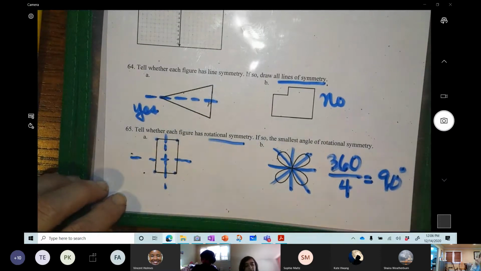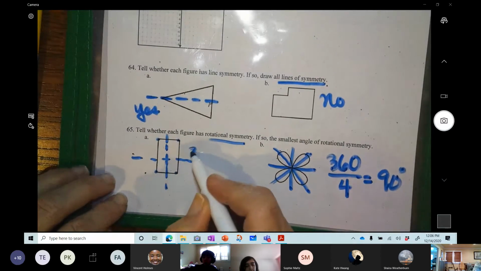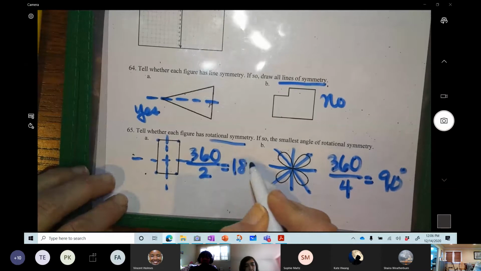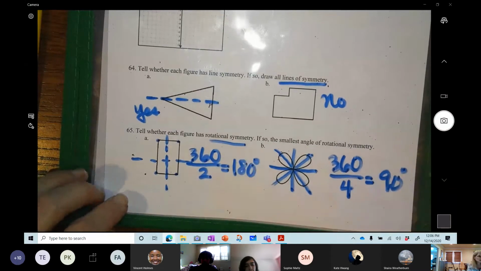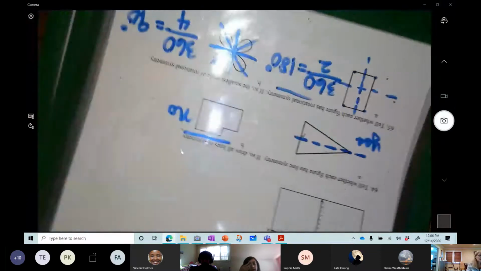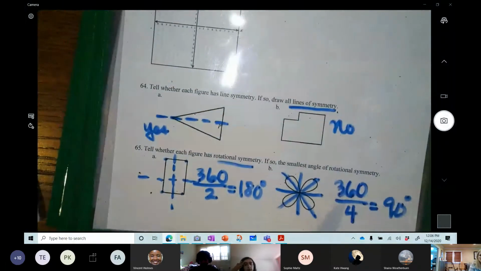So you can divide the line of symmetry this way, but that means that the only rotational symmetry is at 180 degrees. So you could turn it this way 180, you'll get your same image, and then if you do it again, another 180, it means twice.